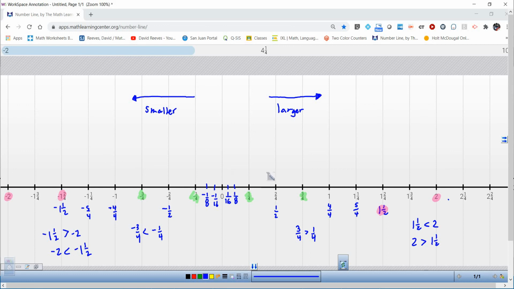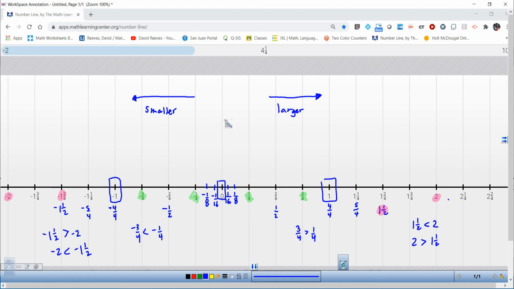To summarize, if you're looking for numbers that are close to 1 or close to -1, look for fractions where the numerator and denominator are close together. If you're looking for fractions that are close to 0, look for the bigger number on the bottom while the top stays small. Those are going to be closer to 0.